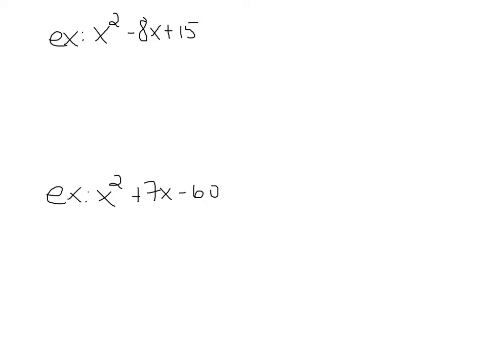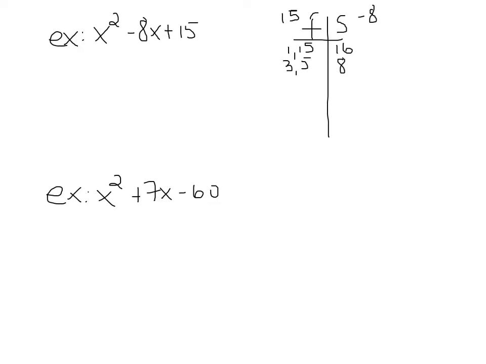And here are two more examples. To do all of these, we're going to make factor sum charts. You don't have to list all of the factor pairs like we did in the first example, but you certainly can if you want to. So, two numbers that multiply to give 15 and that add to give negative 8. There aren't that many possibilities, I'll list them all. 1 times 15 is 15, and if we add those we get 16. 3 times 5 is 15.